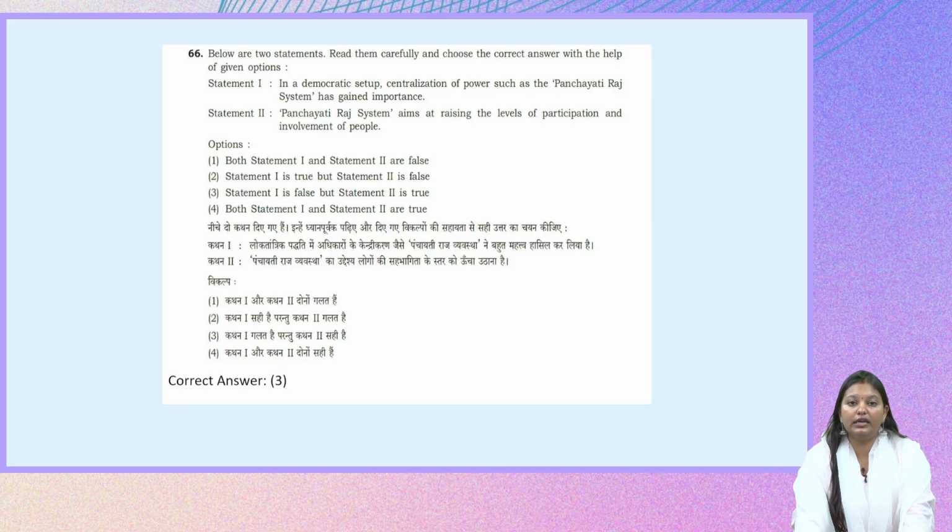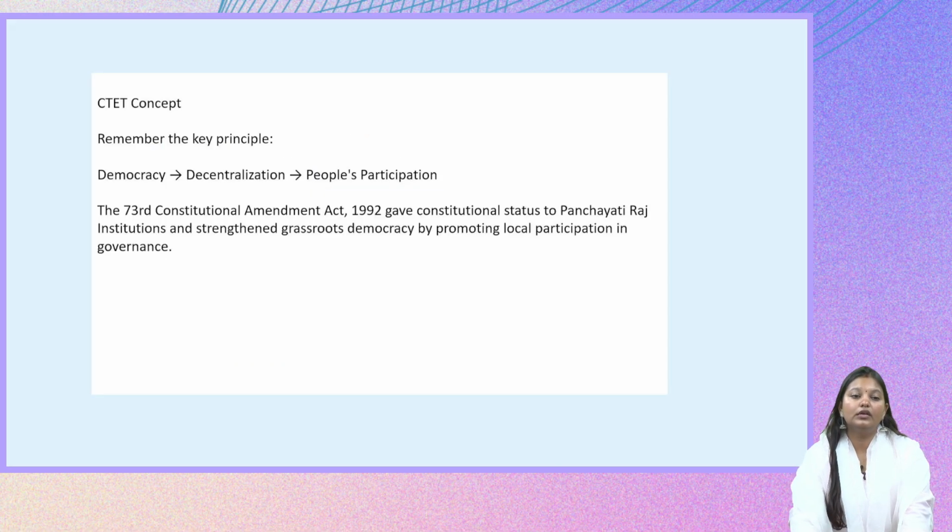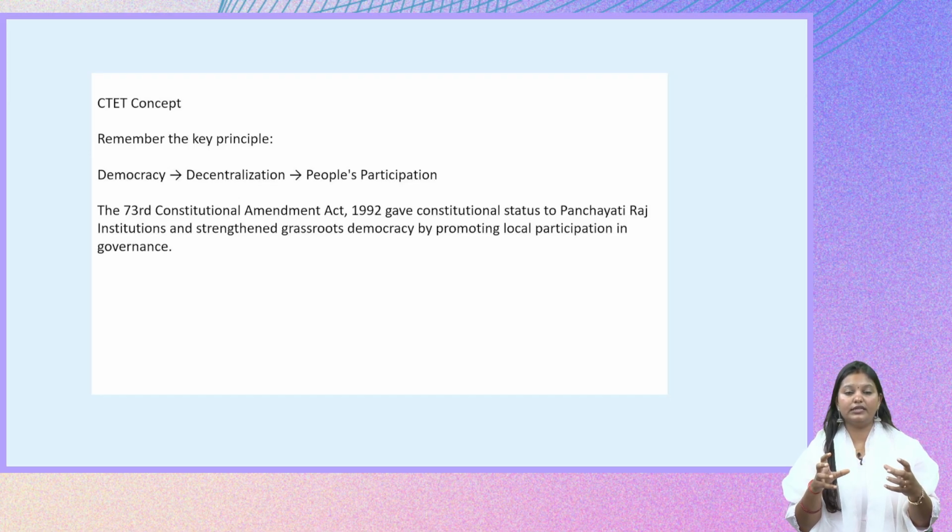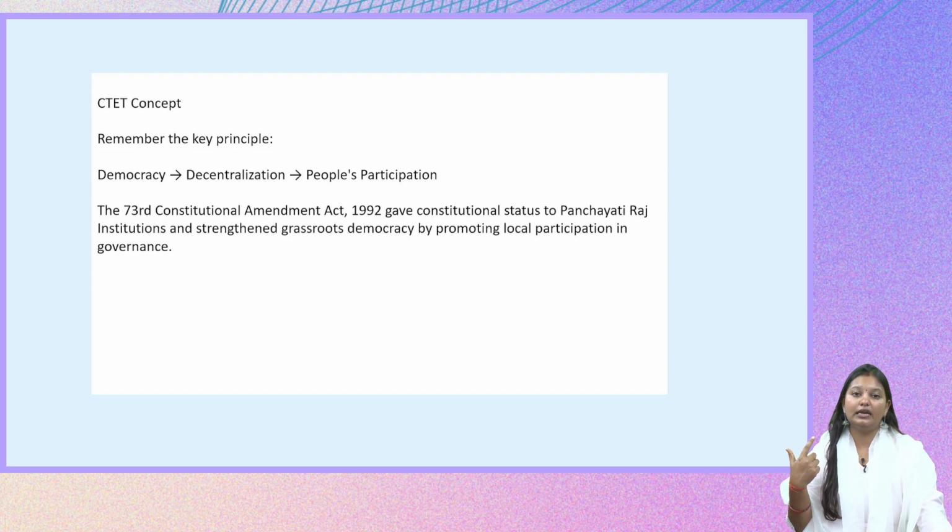Moving on to the next part. Now let us look a little bit at the key principle of democracy, where it is talking about decentralization. Every time we discuss democracy, when it comes to the exam, you have to remember these keywords: democracy, decentralization, and more involvement of individuals in this particular setup.